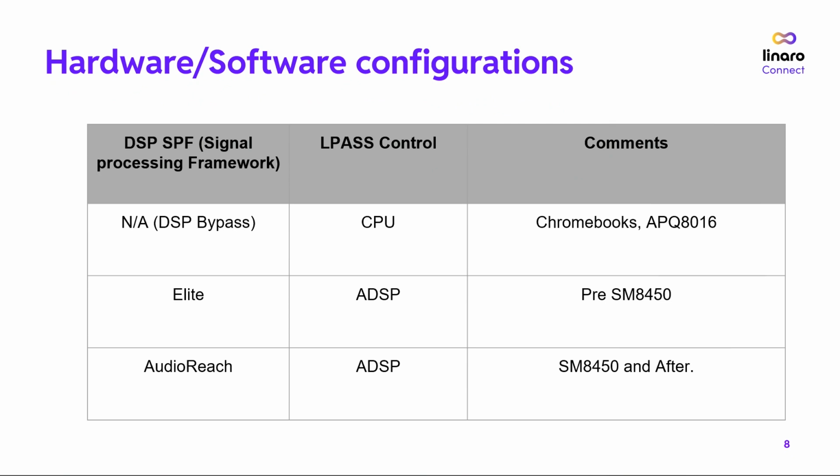Okay, and when the audio DSP is used, we have 2 architectures. We have, let's say, the old one, which is called Elite, and probably in 10 years it will be completely gone. So RB2 is based on Elite, for example, RB5, RB2, RB1, and a lot of other old-ish devices.